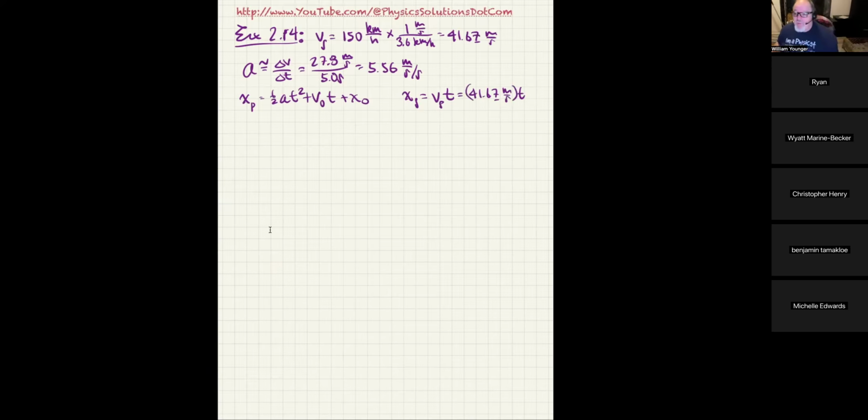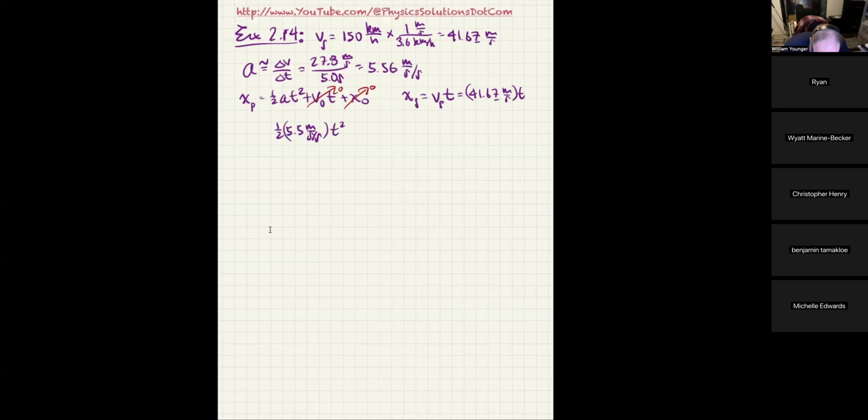What we need is those two to be equal to each other, because at that point the police car has caught up with the speeder. We do know that the initial velocity is zero, and we can always call the initial position zero. So now we get 1/2 times 5.5 meters per second every second. Notice I rounded down just to make it a little more reasonable in hopes that it might come out better.